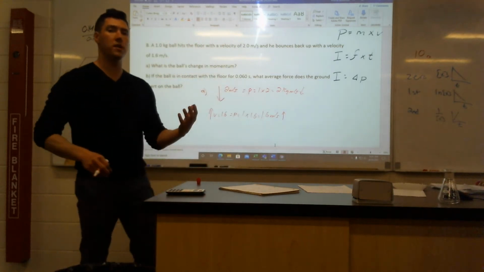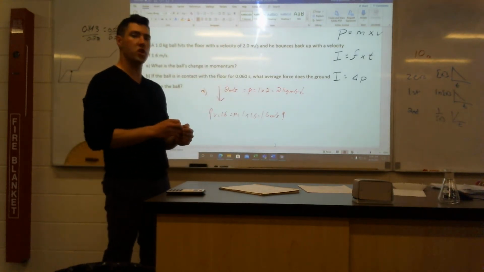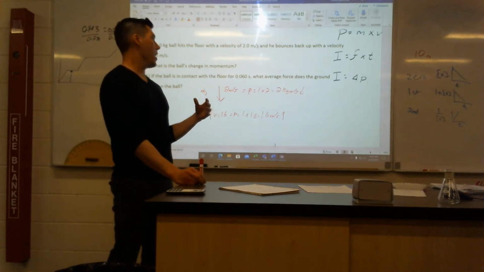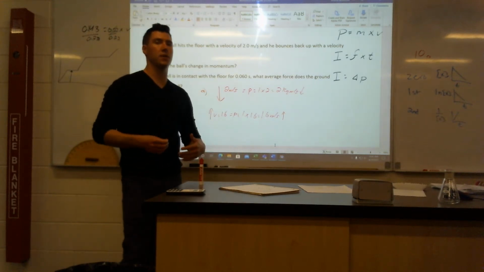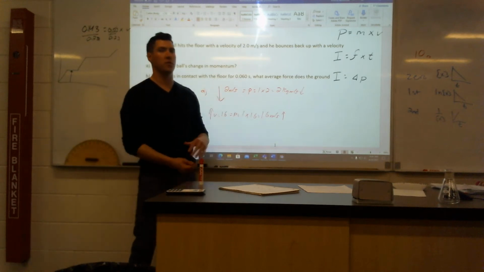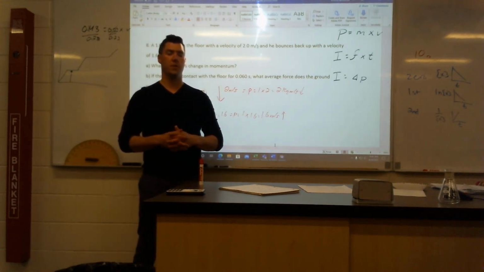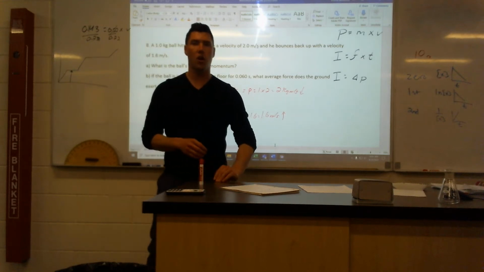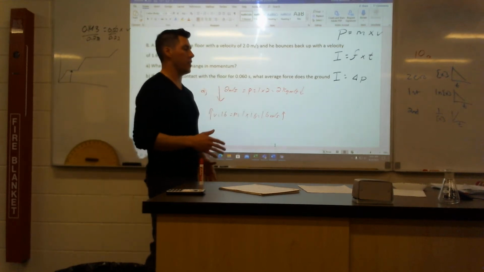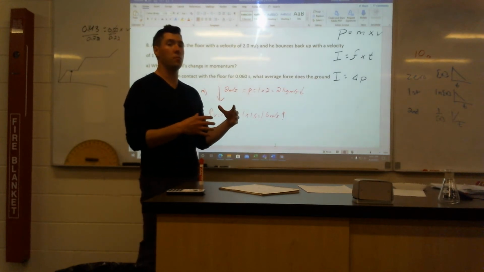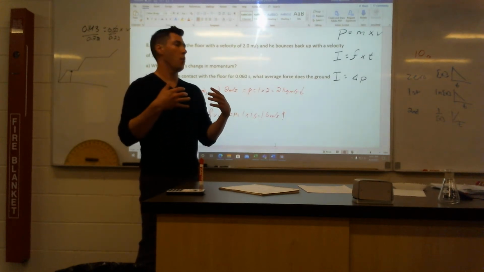Many students want to just say that the change of momentum is 0.4, and that would be incorrect because it's actually changing directions. Earlier in the year we talked about change in velocity. If I'm going this way at 2 meters per second and then slow down to 1.6, that would be a change of 0.4.